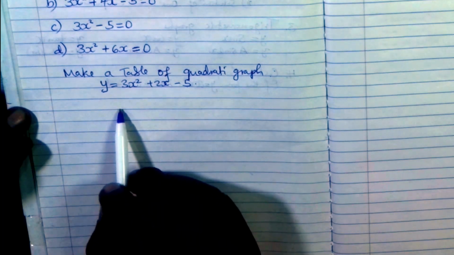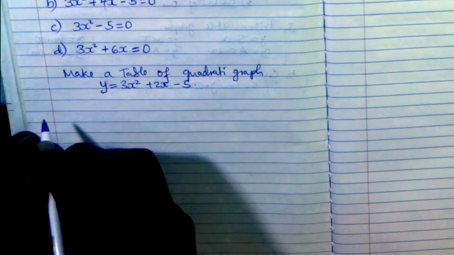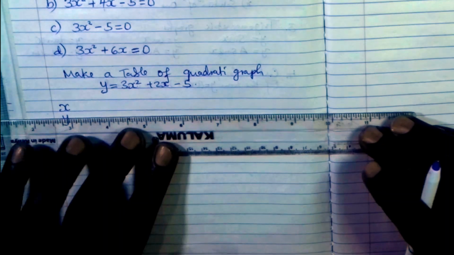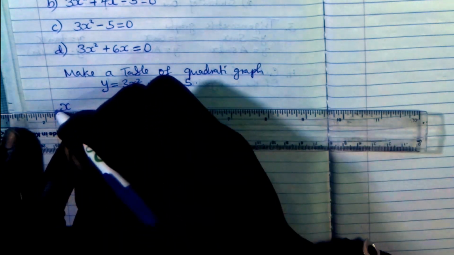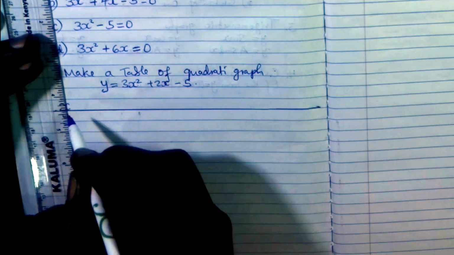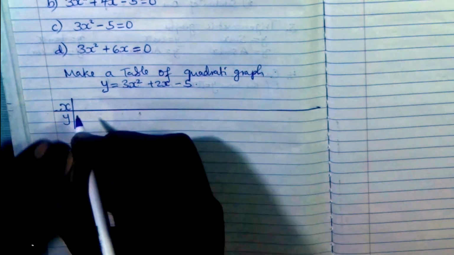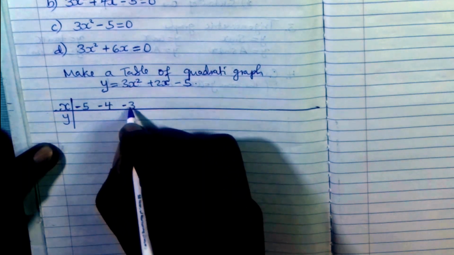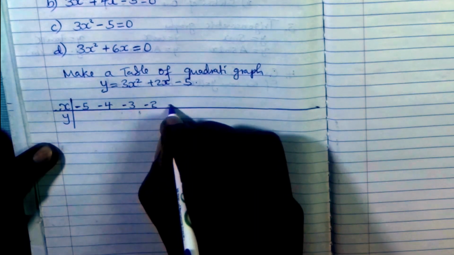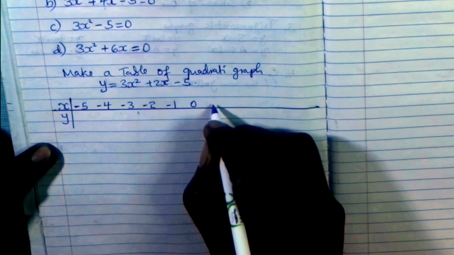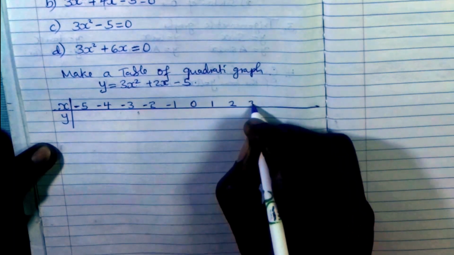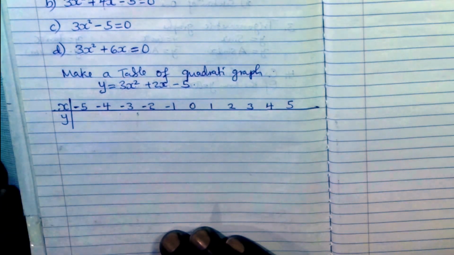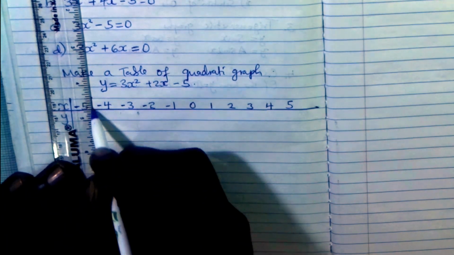So I need to make corresponding values of x and y, and for x, the values are from minus 5: minus 5, minus 4, minus 3, minus 2, minus 1, 0, 1, 2, 3, 4, 5. So we need to make the corresponding values of x and y.